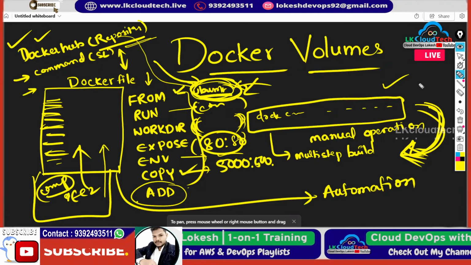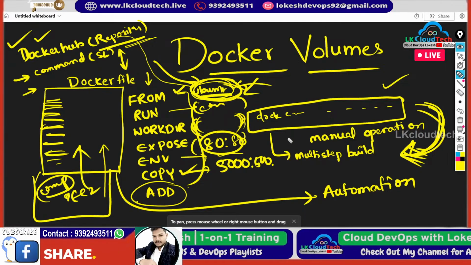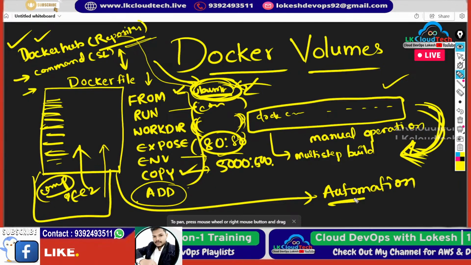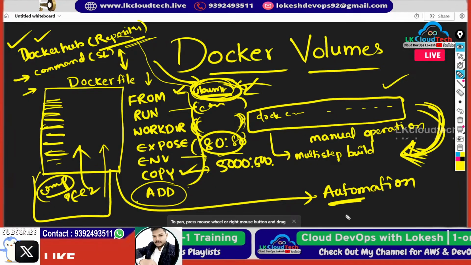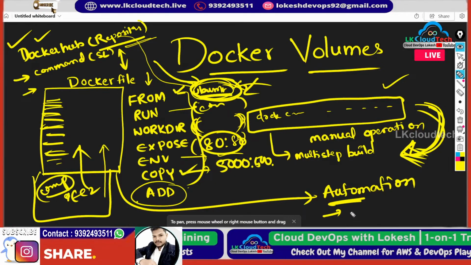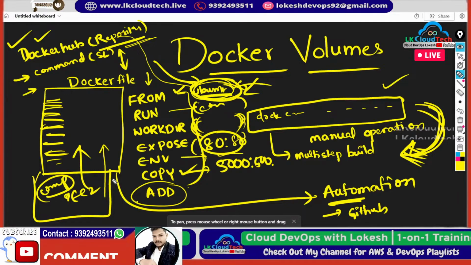If you use a Dockerfile, the very major and important point is that this is a kind of automation. First point. And second is portability, which means you can share the Dockerfile with your team or on GitHub.